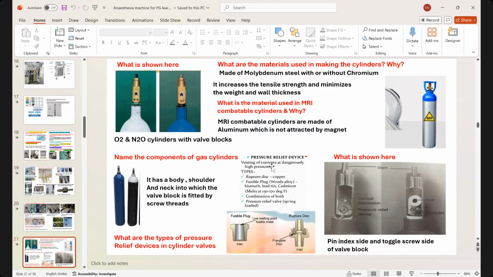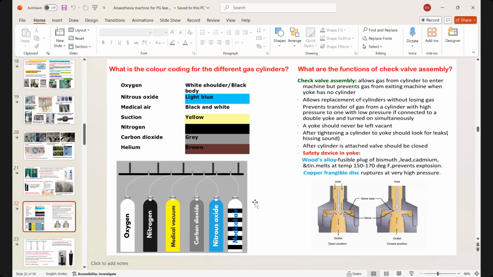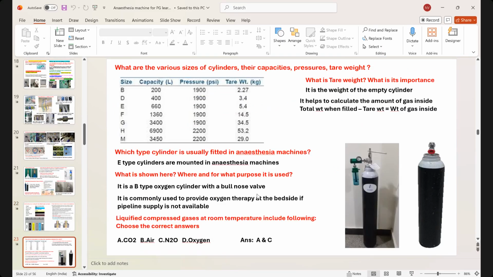Then we saw about the valve portion of the cylinders, the various parts of the cylinder, the color coding, and the various types of cylinders named in alphabetical order, their filling pressures, and then the capacity.